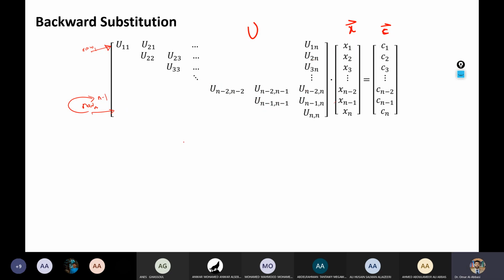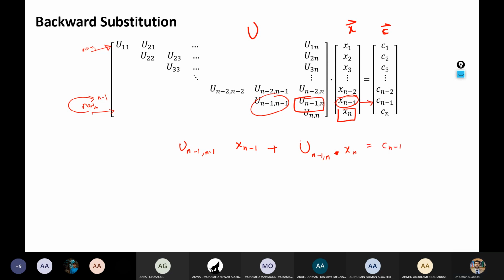Now what do we have? I have u(n-1, n-1) multiplied by x(n-1) plus that coefficient u(n-1, n) multiplied by xn, and that equals c(n-1).